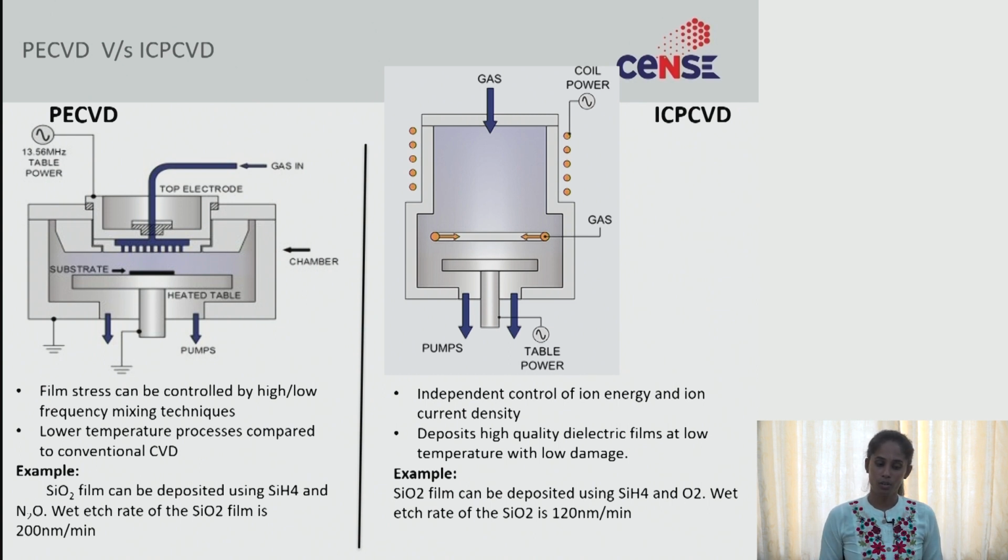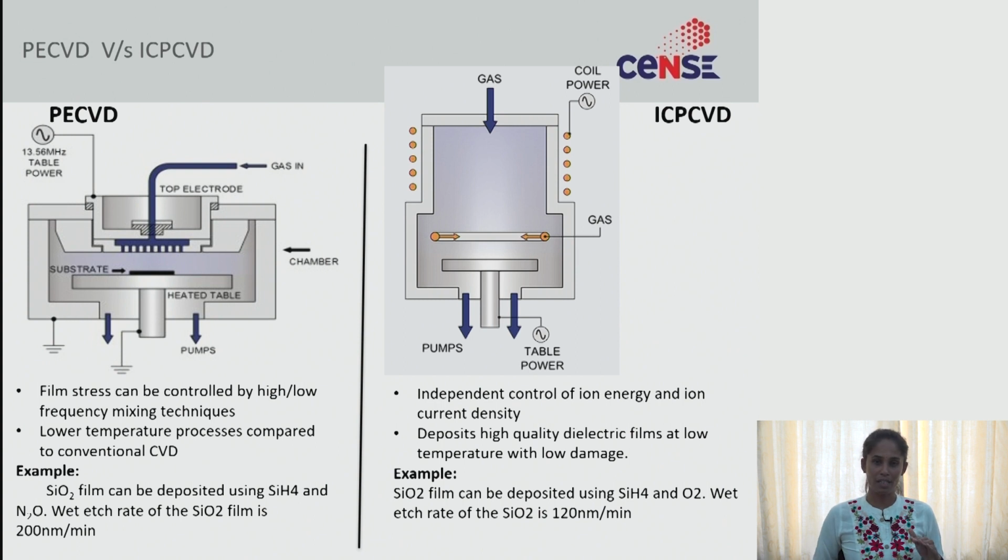So here the density of the plasma will be low compared to ICP-CVD, but in our ICP-CVD, in the same way as in the ICP-RIE, we apply a separate ICP power to the top electrode for the magnetic field, so that the density of the plasma will be very high in the ICP-CVD compared to PECVD.